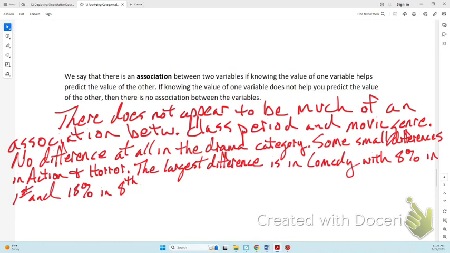I also like to point out any other unique things about the graph overall.